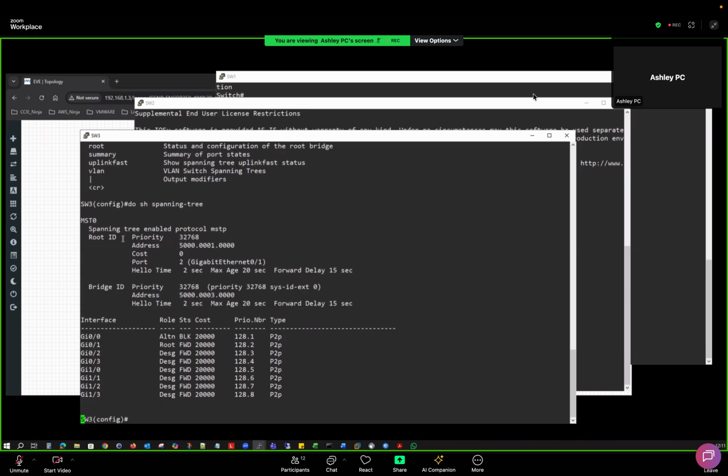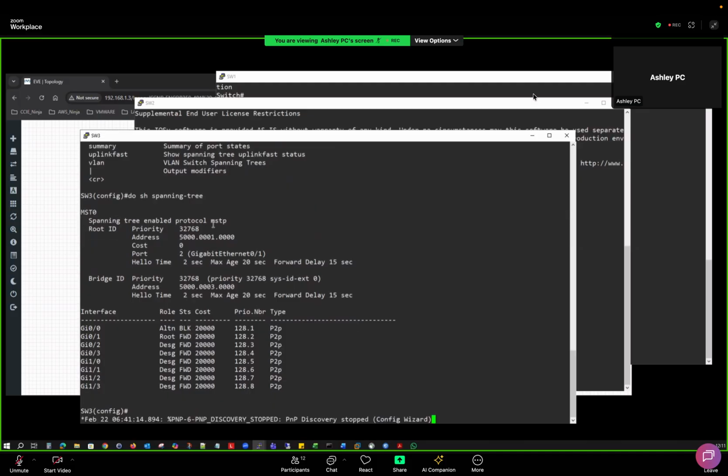So show spanning-tree. What is spanning tree running right now? IEEE, MST0. Which instance is running? It is running instance 0. Yes or no? Yes. Right? Yes or no? Yes, sir.